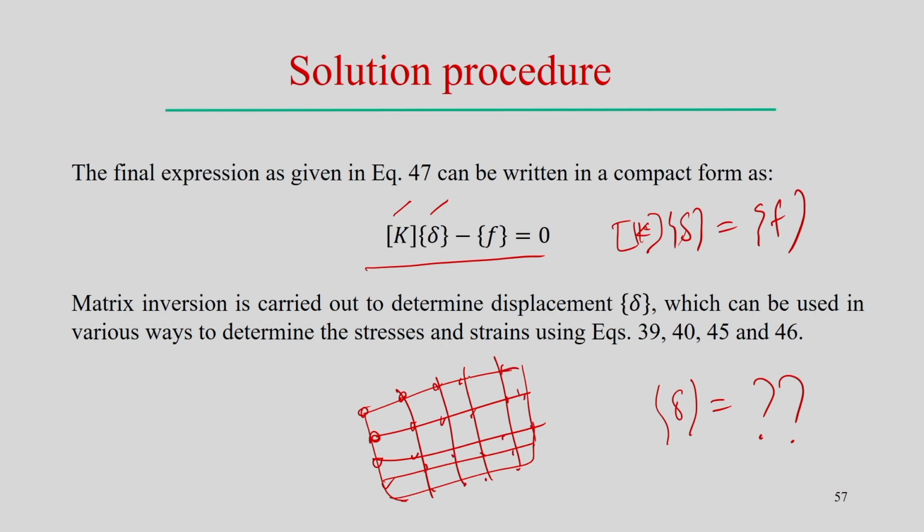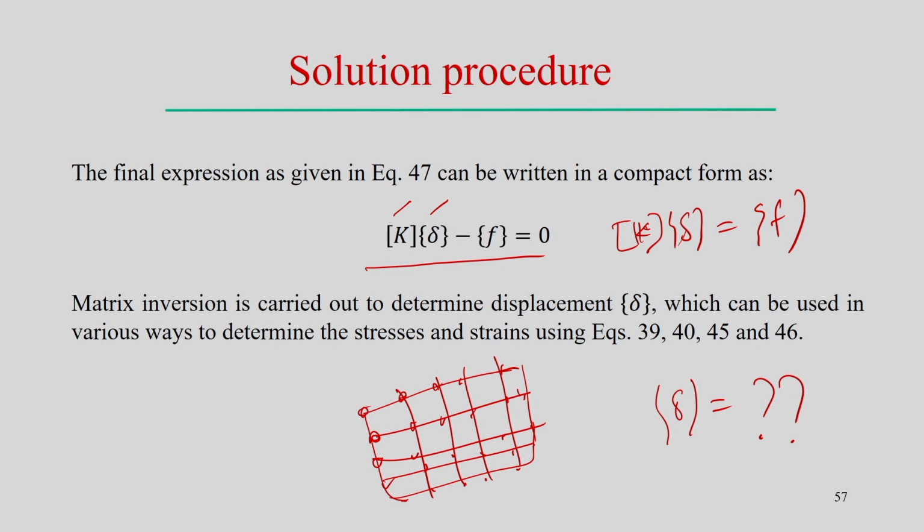Once we get the displacement field at each and every node point, we know the relation between the displacement and the strain. Then we can calculate the strain value, either at each node point or for a particular element; both can be done.